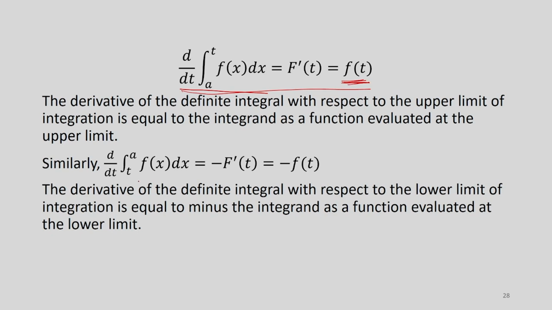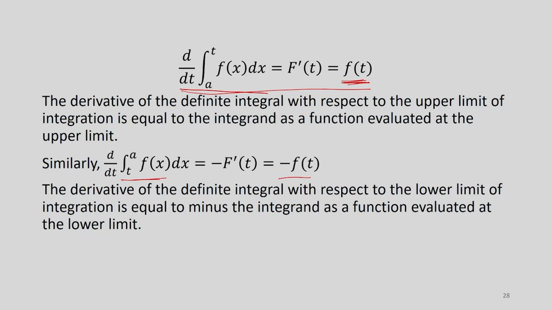By a similar logic, if I just reverse it, if I take the upper limit to be a and the lower limit to be t, that is what we have done here, then the derivative of this with respect to t will come out to be minus small f(t). And again, what does it mean?